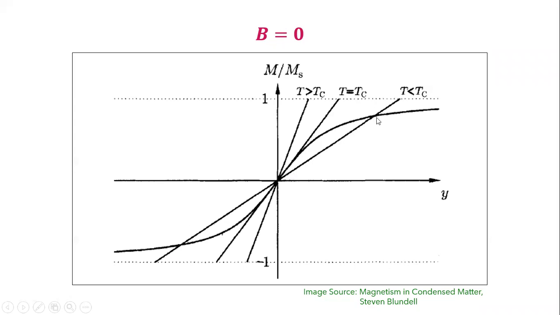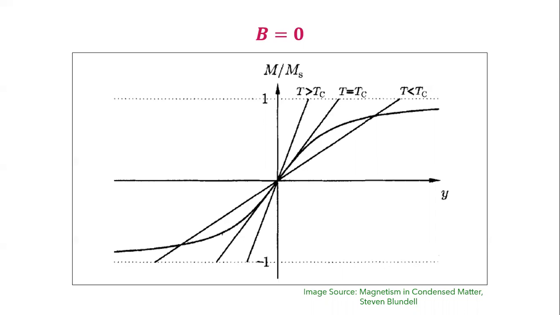That means if these solutions are favorable, stable ones, then my material would be having non-zero magnetization in the absence of magnetic field. Well, this is exactly what we observe in permanent magnets or ferromagnets.